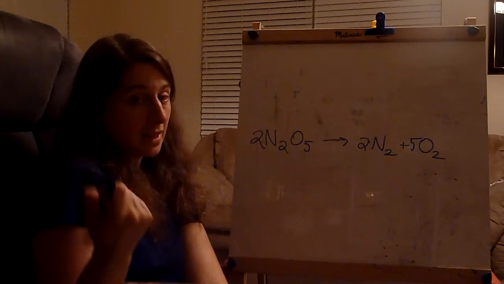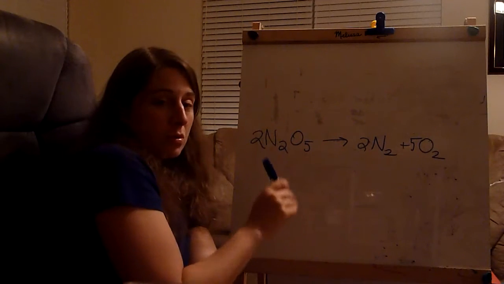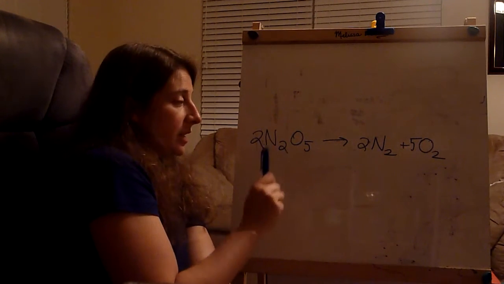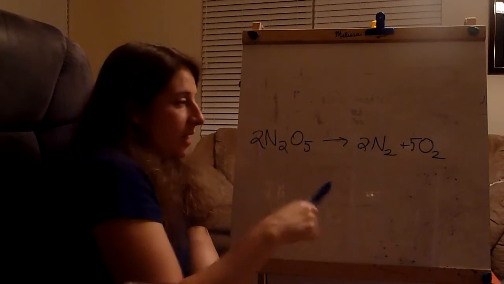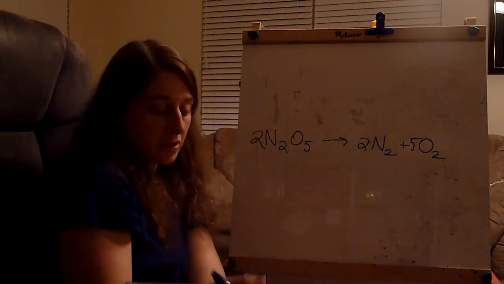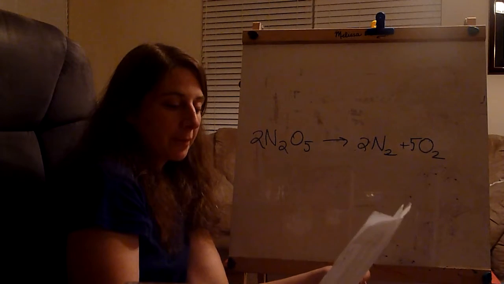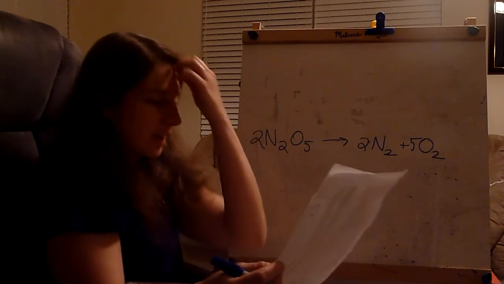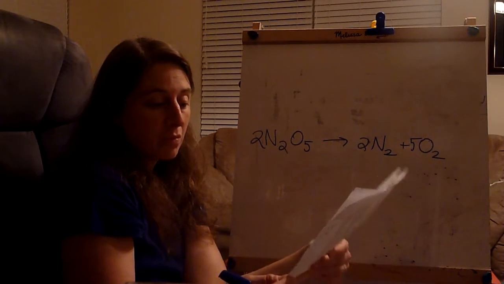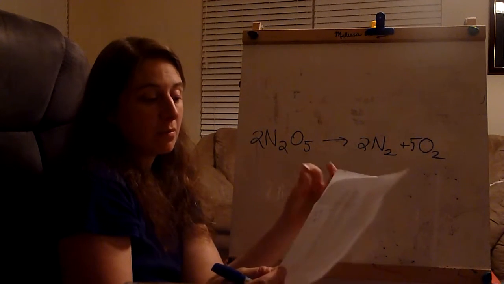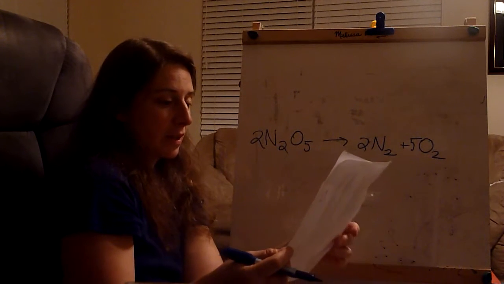And another way to say that would be 2 moles of dinitrogen pentoxide decomposes into 2 moles of nitrogen, which is a homonuclear diatomic, and 5 moles of oxygen, again, homonuclear diatomic. So, anyhow, the question asks me, if I decompose 1.2 moles of dinitrogen pentoxide, how many moles of oxygen would I produce?